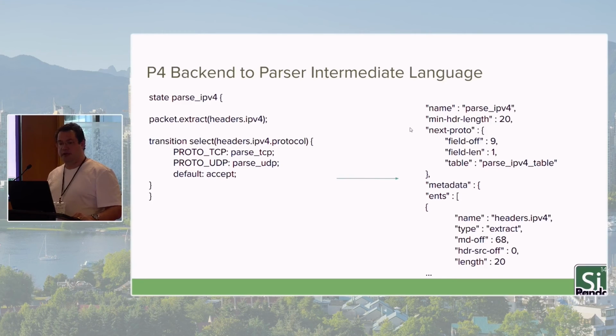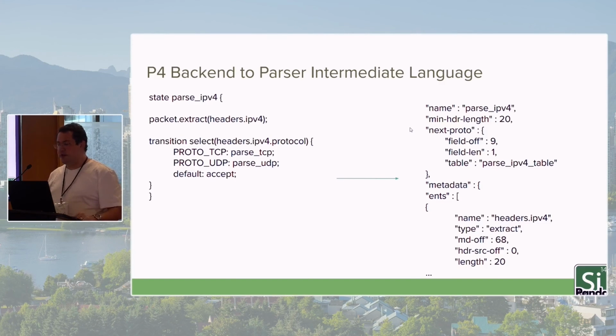The next proto is what the select expression is doing, so it knows how it's reading from the packets itself. Here it's not showing the table, but the table is going to be: proto TCP goes to the parse TCP node, and the proto UDP constant goes to the parse UDP node.